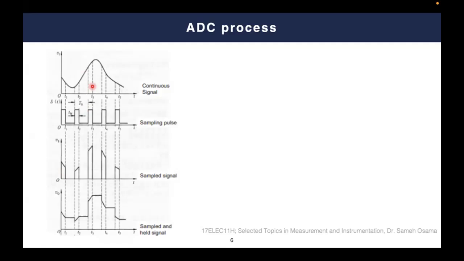And I believe that in your communication modules as well, you go to understand this process from a signal point of view, considering the Nyquist frequency and all this stuff related to the frequency domain analysis of these signals. But now let's just understand it from a conceptual perspective.